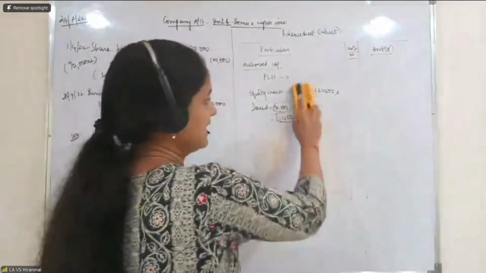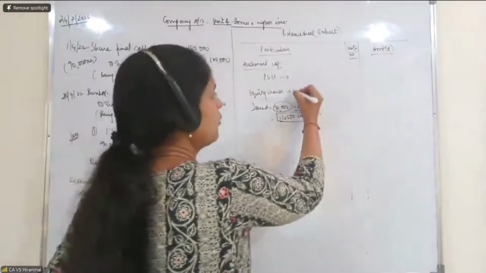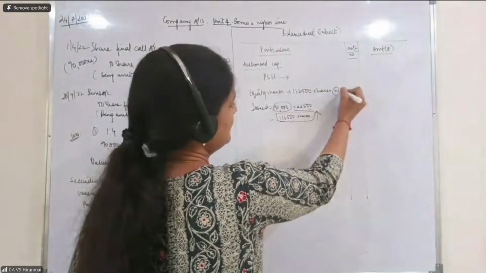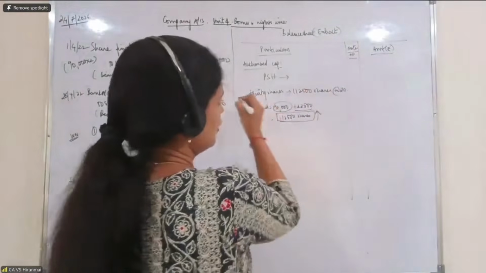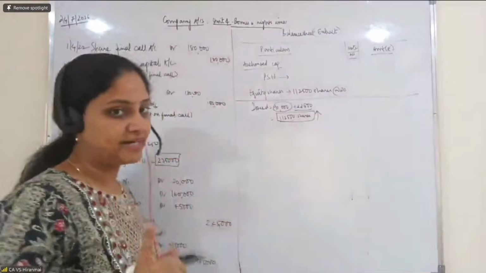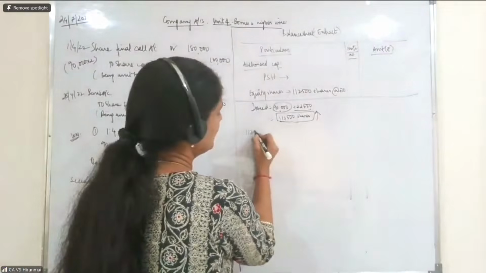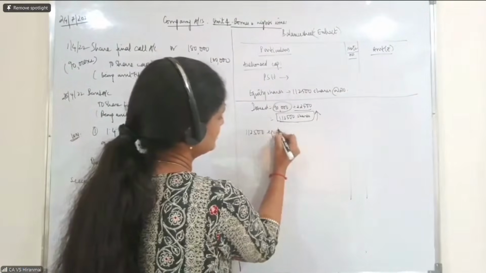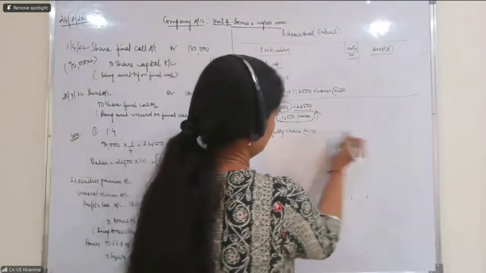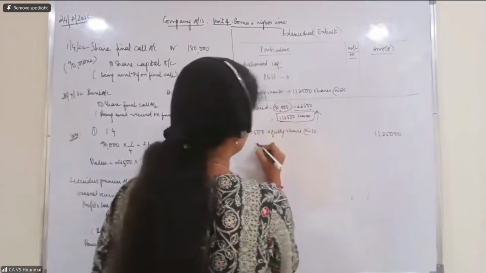So from 1 lakh, this will now become 1,12,500 equity shares at the rate of rupees 10; you will have to write it as authorized. Clear? Now in issued, equity shares have increased, so 1,12,500 equity shares at the rate of rupees 10. So here it becomes 11,25,000.